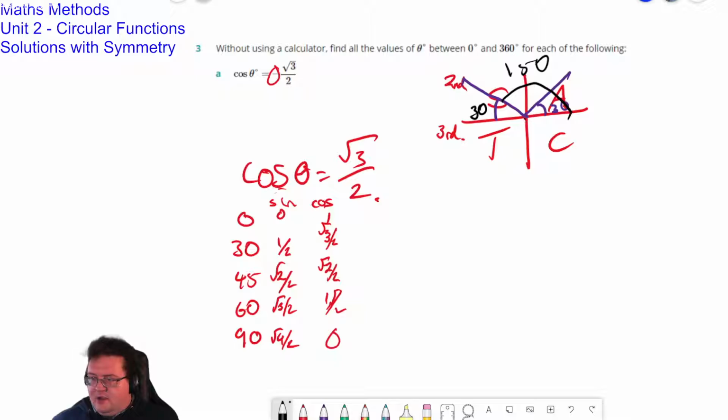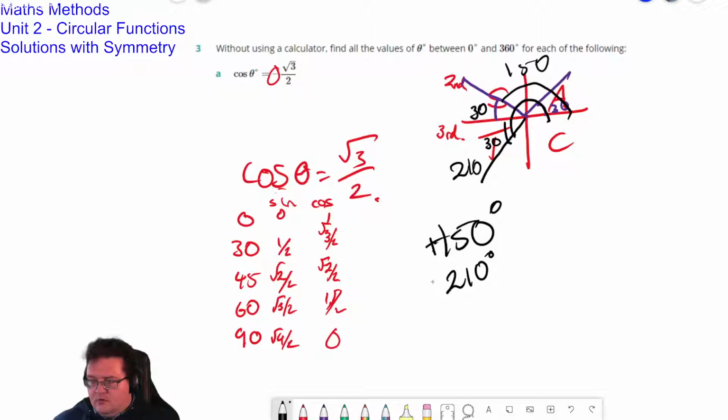And then in this quadrant here, that angle is going to be 30, so what is that angle? 210. So cos of theta equals negative root 3 on 2. The answers are 150 and 210.